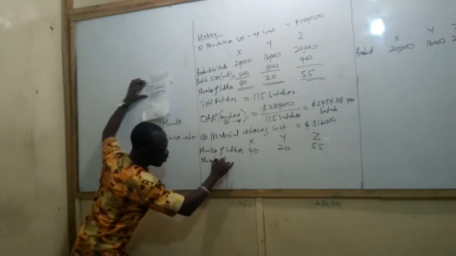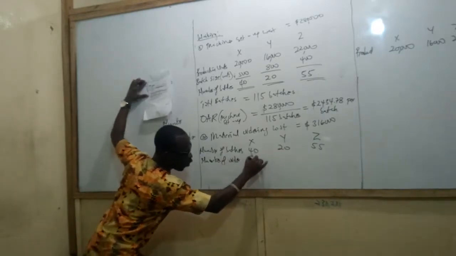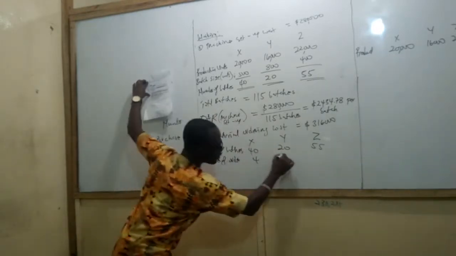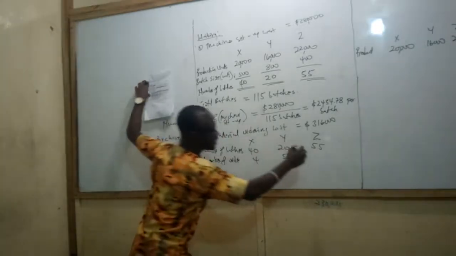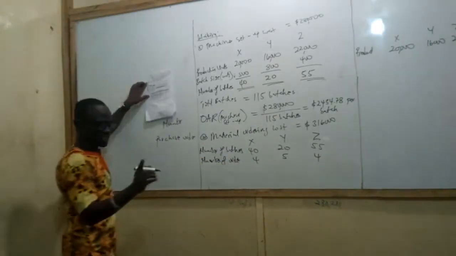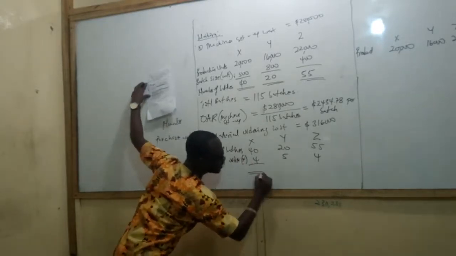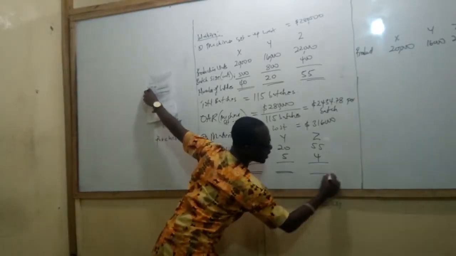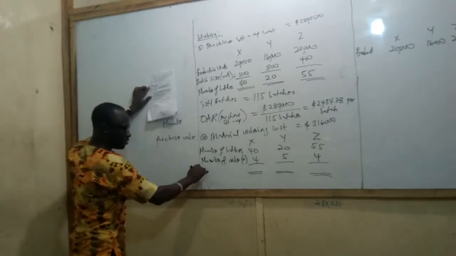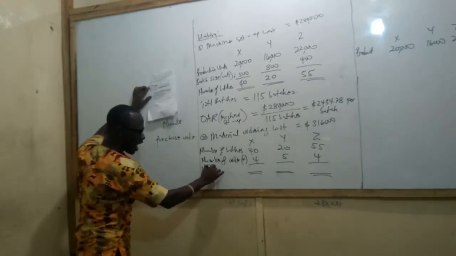For each batch, how many orders do you make for X? So number of orders, 4. For Y, how many? 5. Then for Z, 4. We multiply, and that gives us the number of purchase orders. Do you understand?